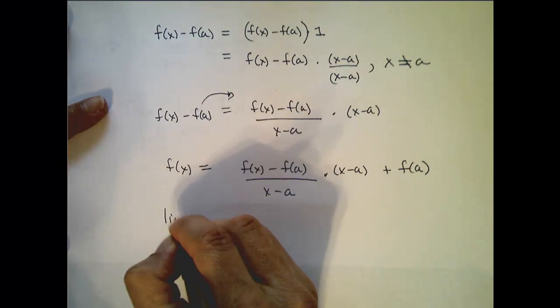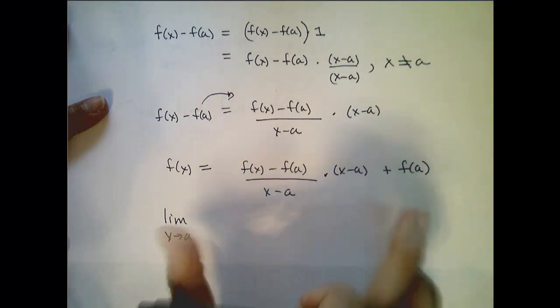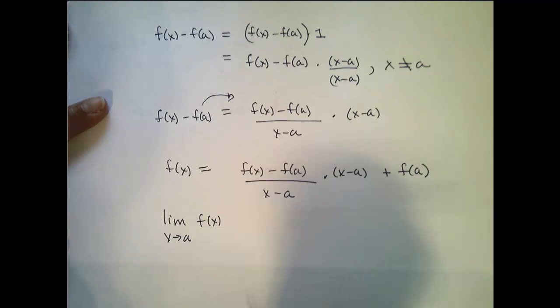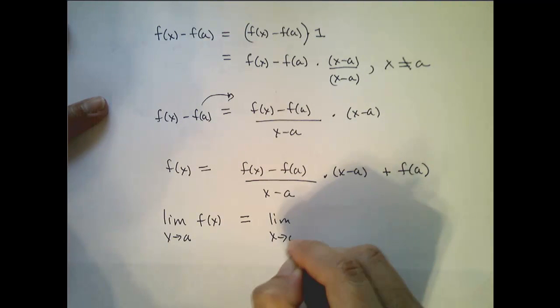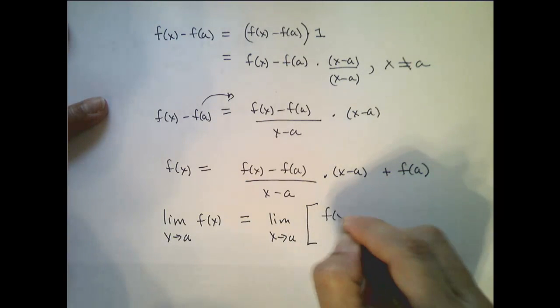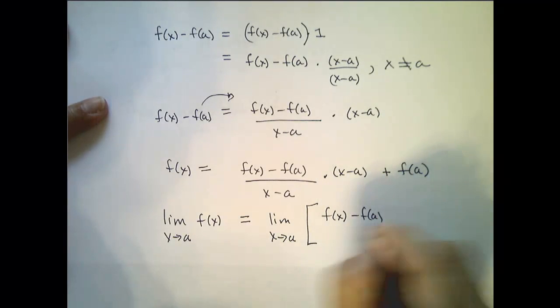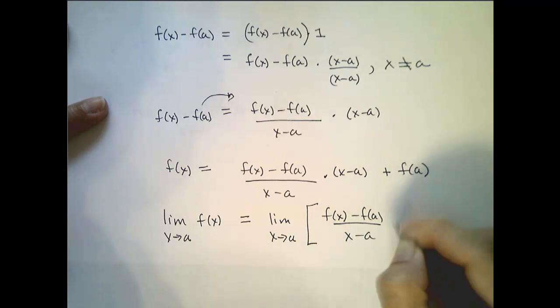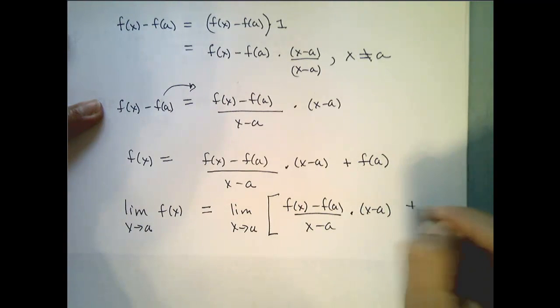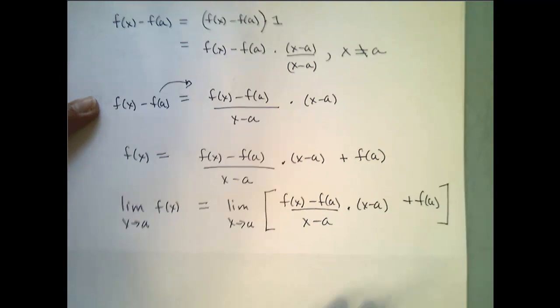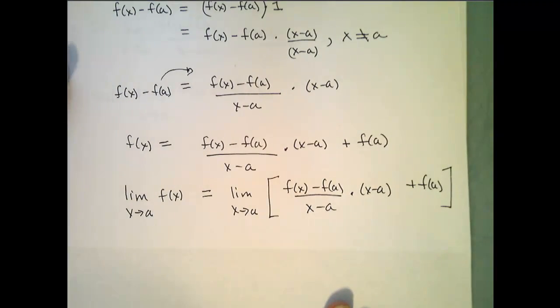So if I look at the limit as x approaches a of both sides, f of x is equal to the limit of the right-hand side as x approaches a of f of x minus f of a all over x minus a times x minus a plus f of a. I've just taken the limit as x approaches a of both sides.